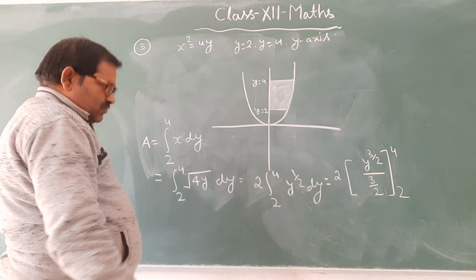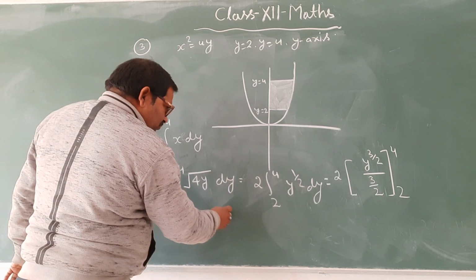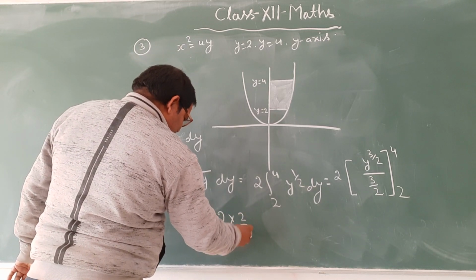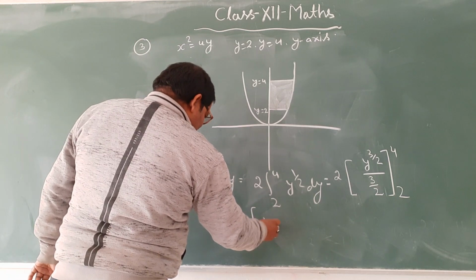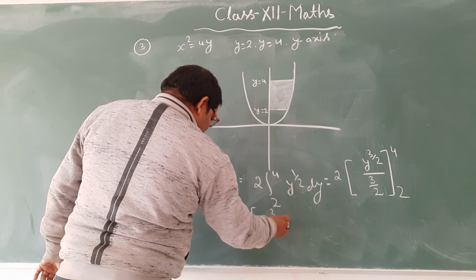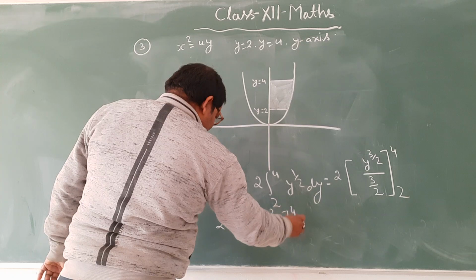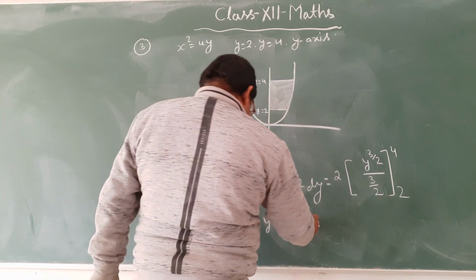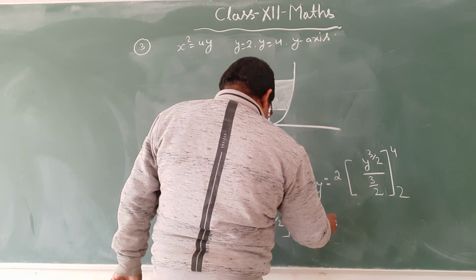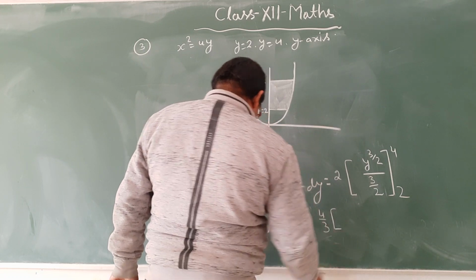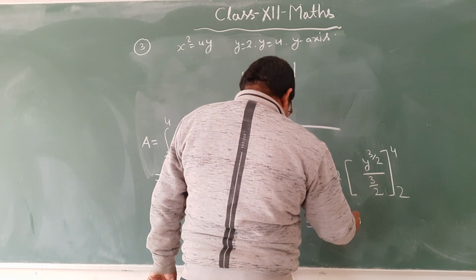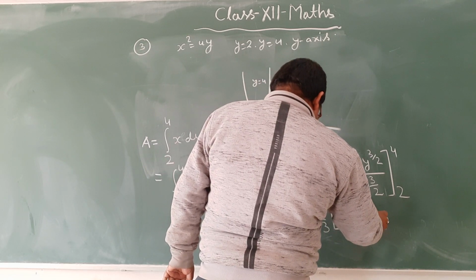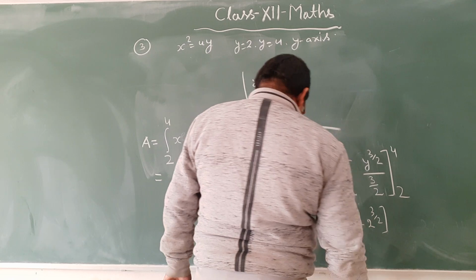So we write 2 into 2 by 3 y power 3 by 2 from 2 to 4, and equal to 4 by 3 into 4 power 3 by 2 minus 2 power 3 by 2.